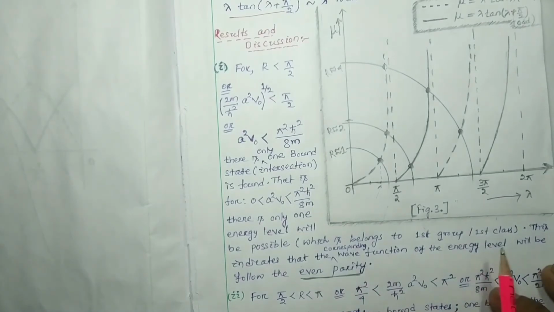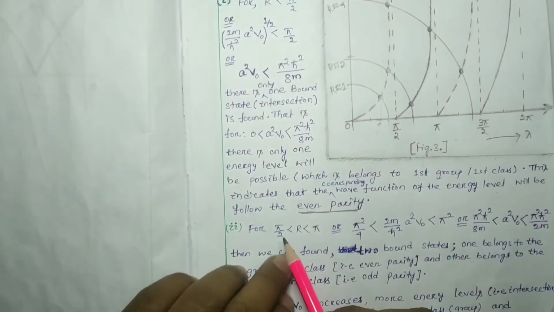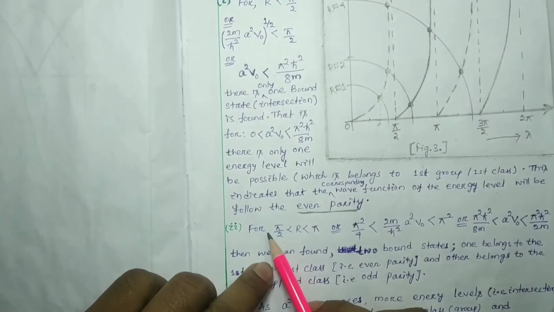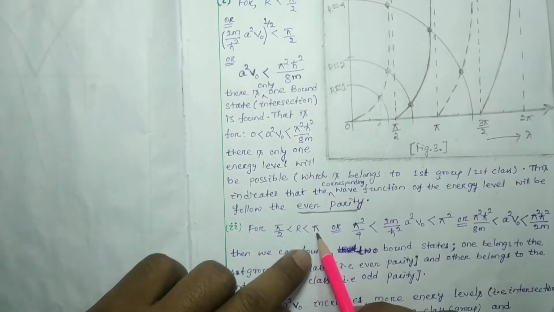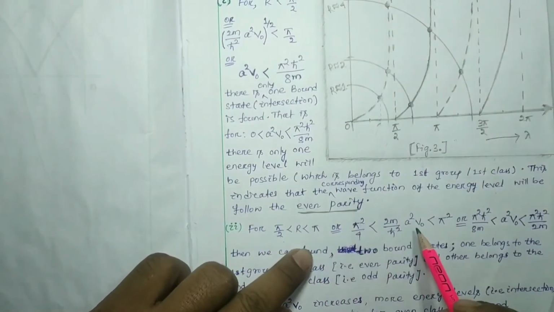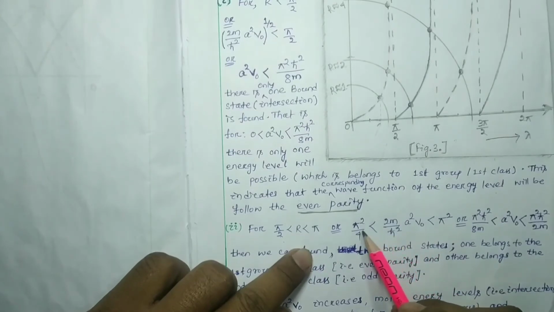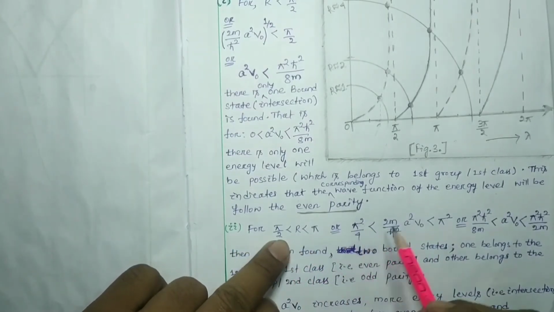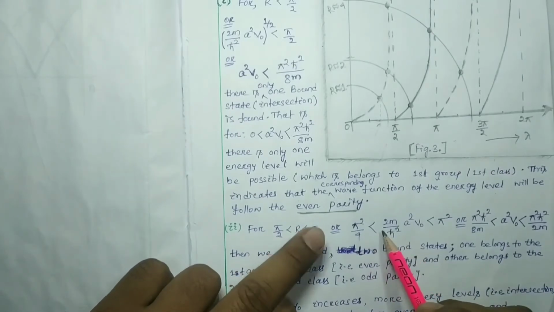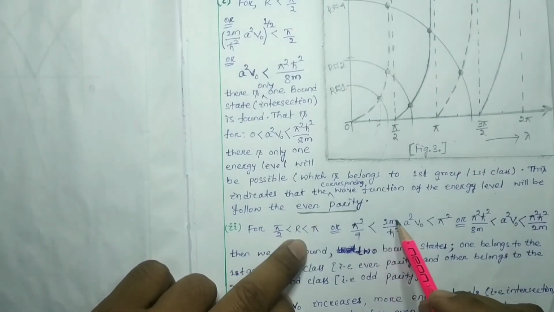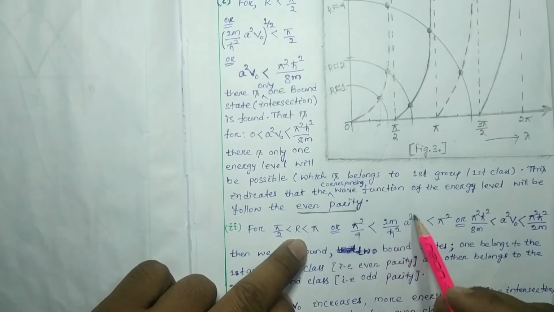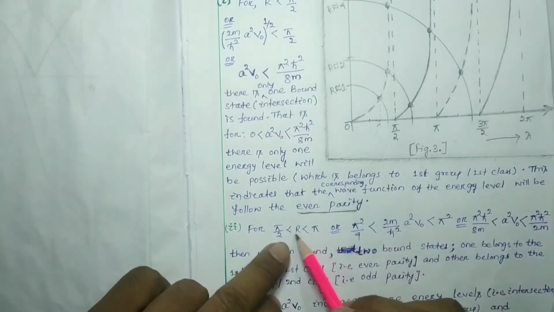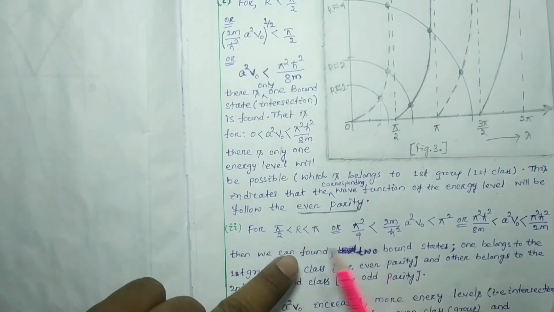Okay, now we have to consider the radius between pi by 2 and pi, or pi square by 4 to pi square. Here I wrote r equal to root of 2m by h cross square, a square v0. We are going to square both sides.